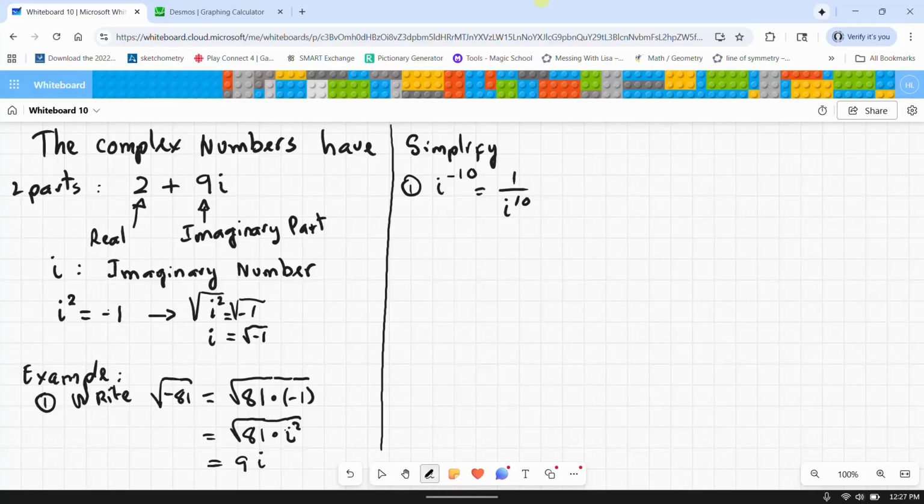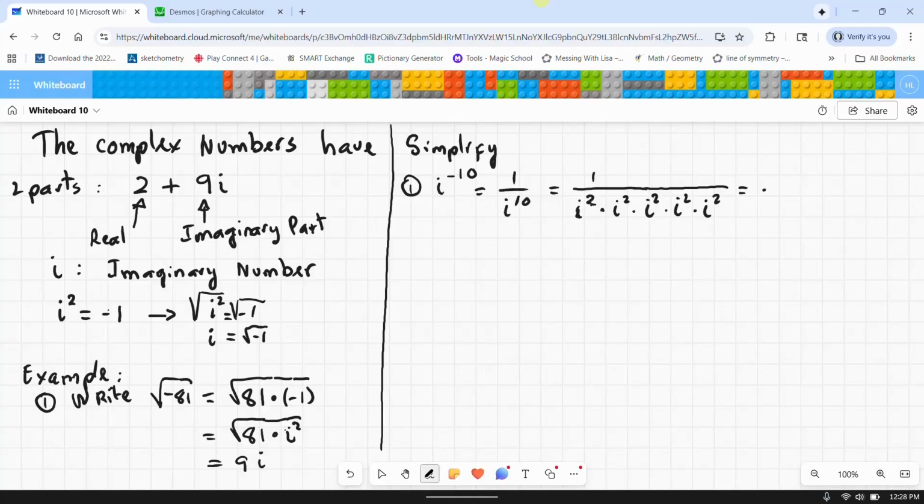We're going to continue by splitting the i to the 10 into something like this. We can rewrite i to the 10 as i squared times i squared times i squared times i squared times i squared.